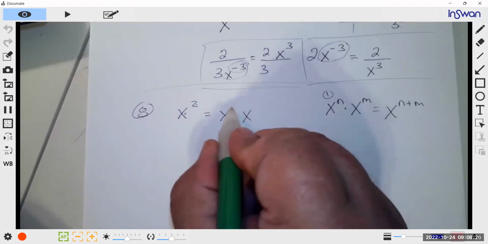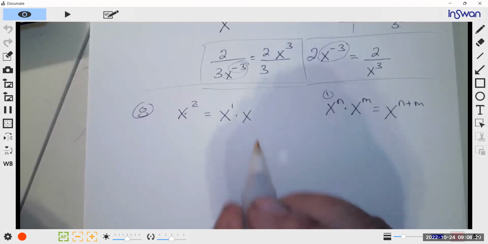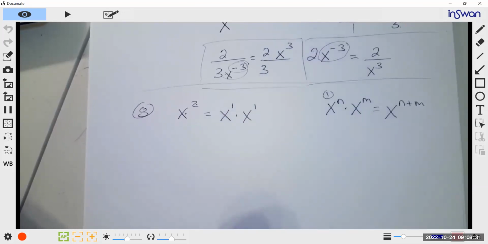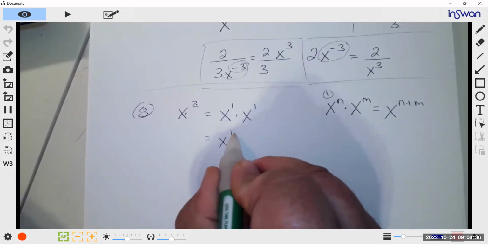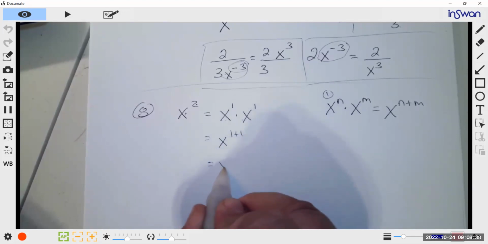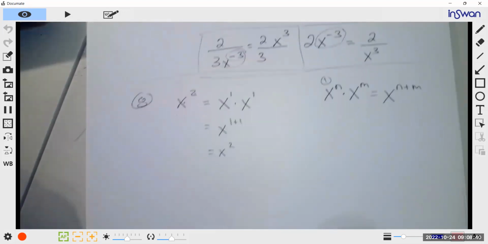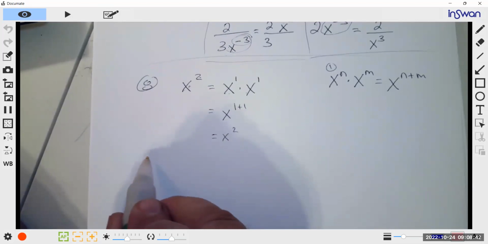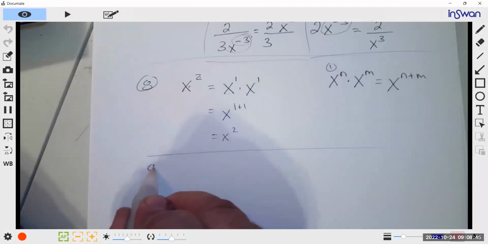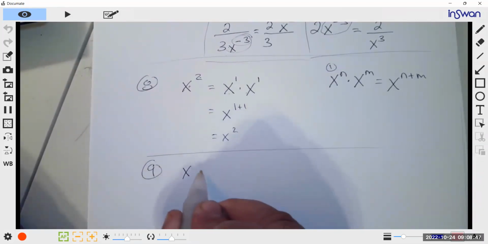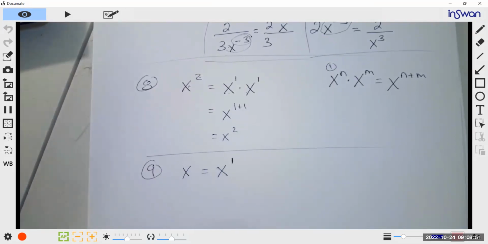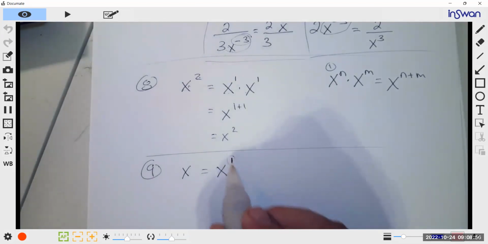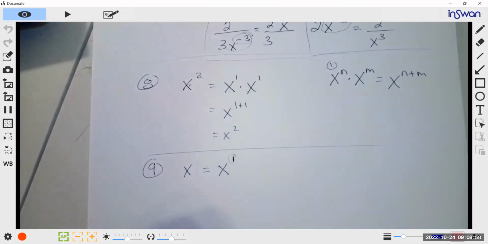If I only have one x, that means it's a 1 there. And there's a 1 there. So they're both the same bases, so I add the exponents. Which tells me that if you have x by itself, that's the same thing as x to the first. Because this tells us how many x's we have. We have one x.